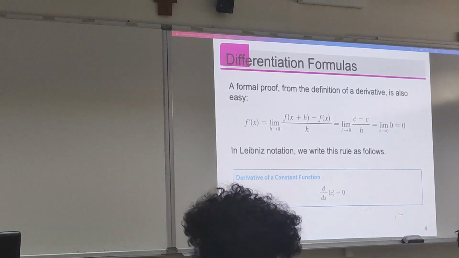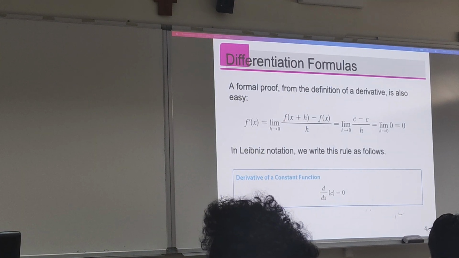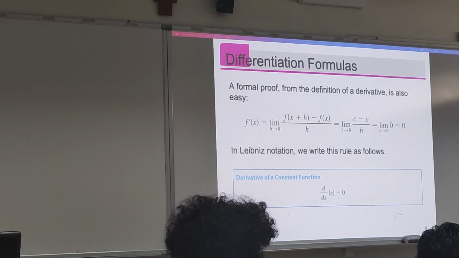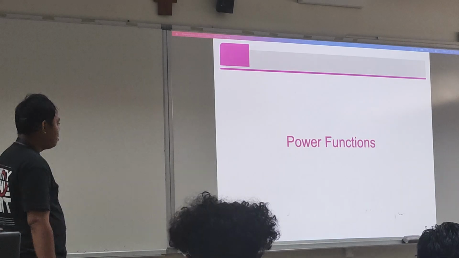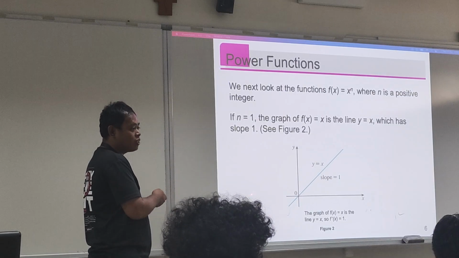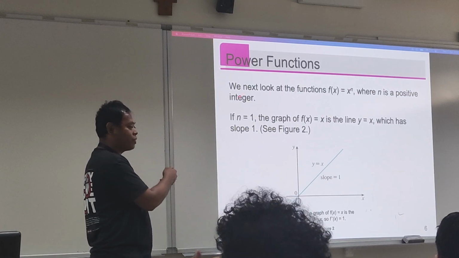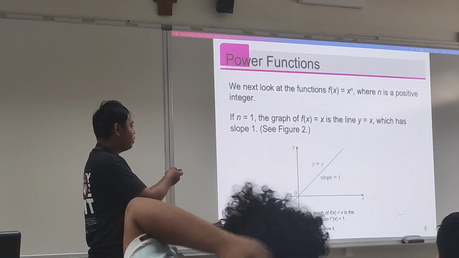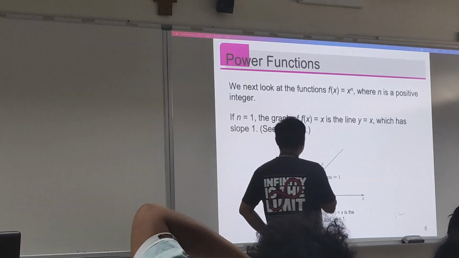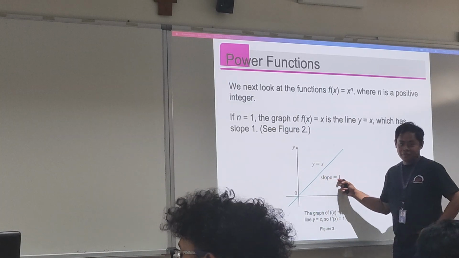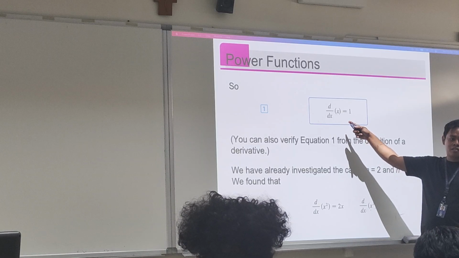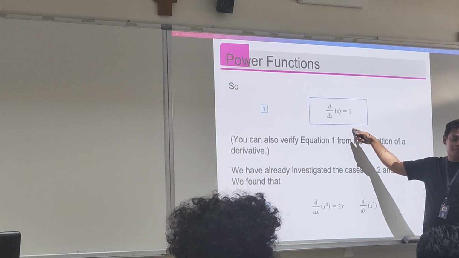Next, when your function is a linear function, let's say f of x is just equal to x, or y is equal to x. What is the slope? It is just 1. So the derivative of x is just 1.